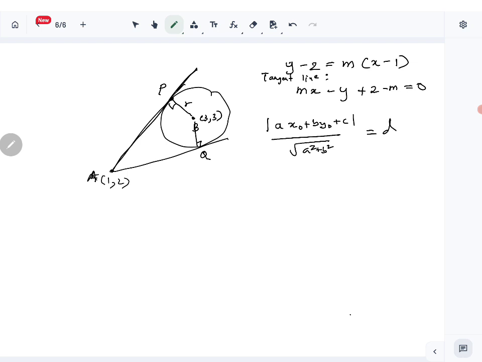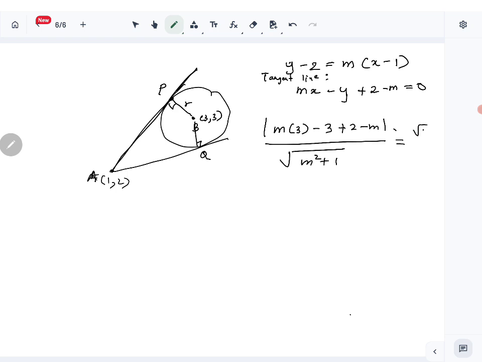So now our line is this one, so we'll use that. m times 3 minus 3 plus 2 minus m, over the square root of m squared plus 1, equal to root 10 over 2.